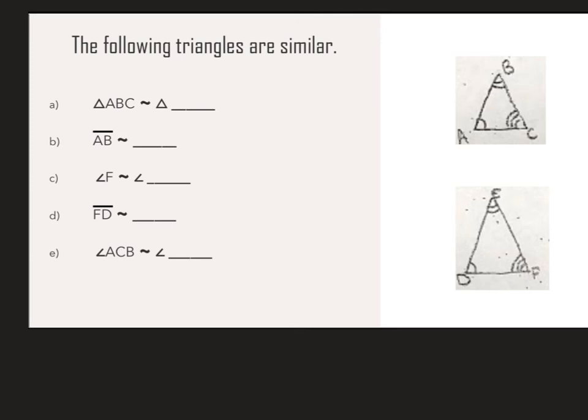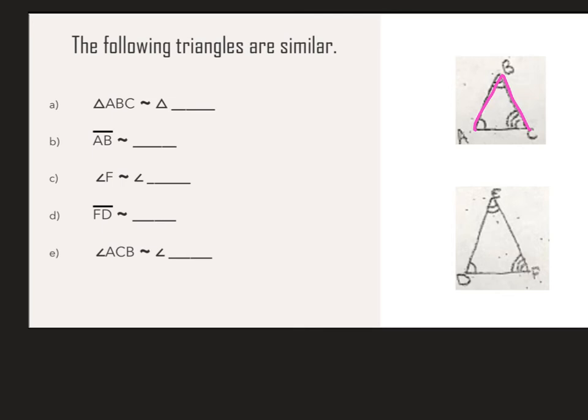So now we have to figure out, in letter A, it says triangle ABC is similar to triangle what on my second figure. So make sure this is where order again is super important. They went from A to B to C here to name this triangle. So we have to do the exact same thing on the second triangle.